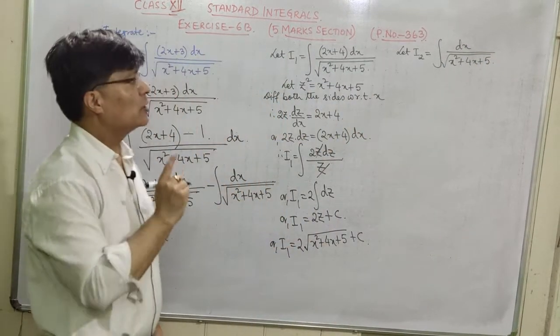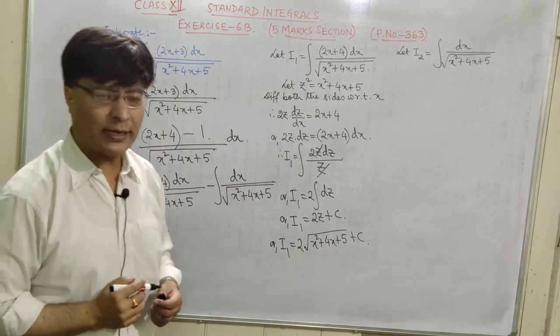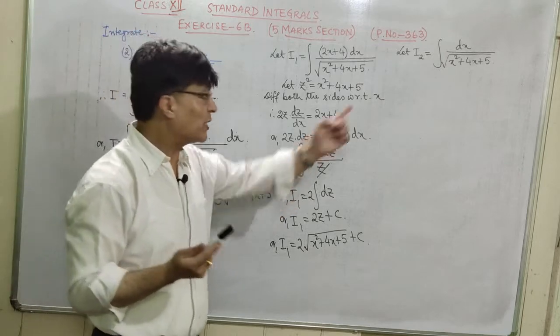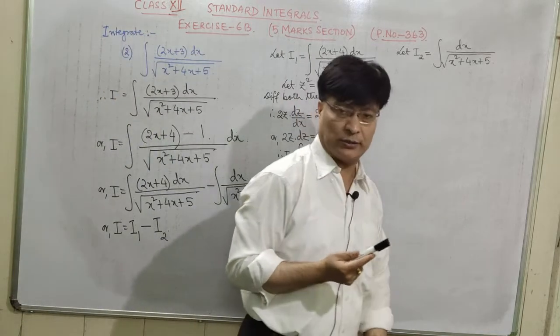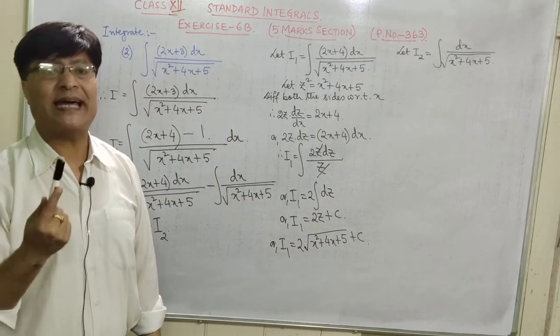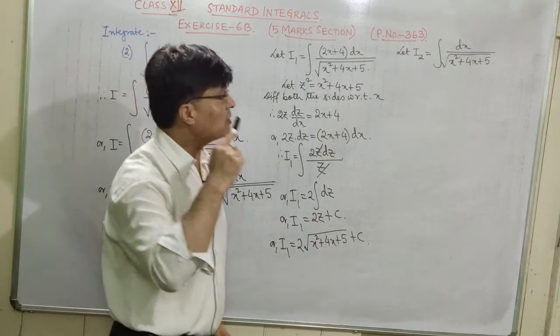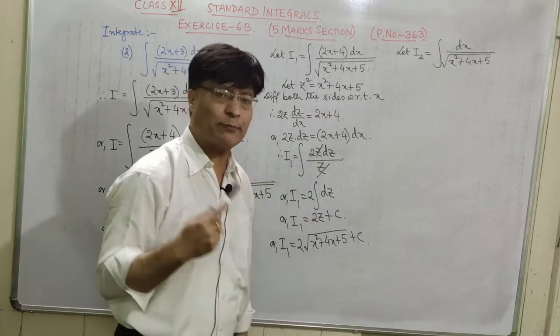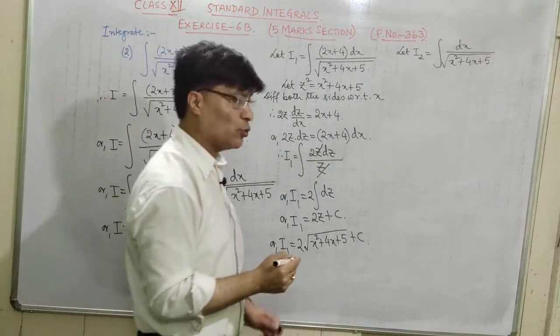Is that clear? So now the expression is under the square root and the coefficient of x square is positive, but the expression cannot be factorized. You cannot do middle term breaking here. Okay? So directly you have to convert it into standard integral form. This x square plus 4x can be written in terms of a square plus 2ab plus b whole square. Okay?